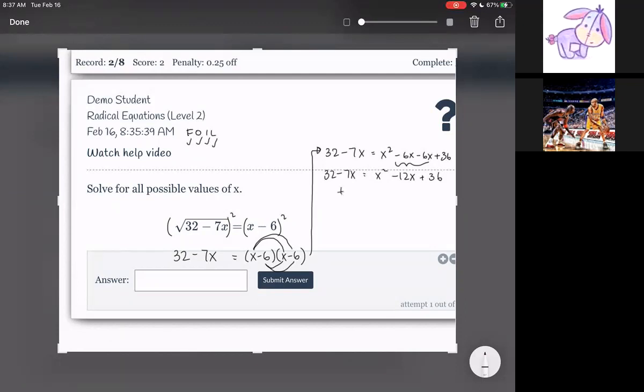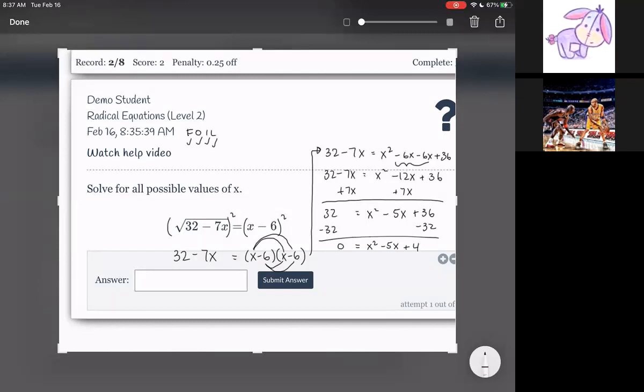So I'm going to add 7x. 32 is equal to x squared minus 5x plus 36. And then let's bring the 32 as well. Finally, giving us 0 is equal to x squared minus 5x plus 4.